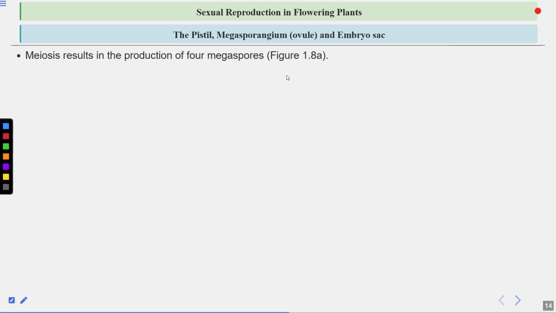So meiosis results in the production of 4 megaspores, right? One diploid cell, when it undergoes meiosis, forms 4 haploid cells. So here 4 megaspores are formed.